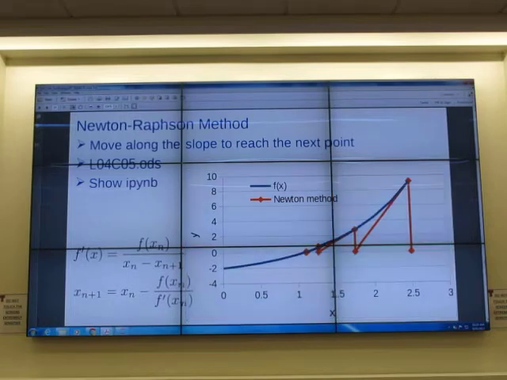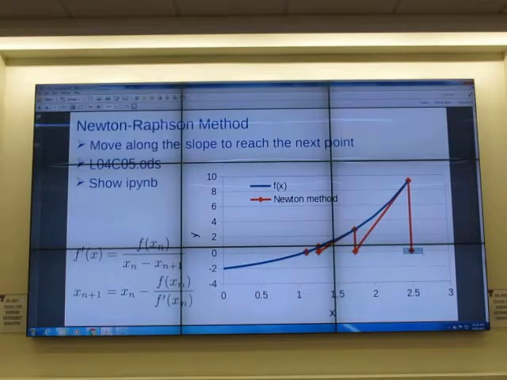Okay, how do we follow the slope? The definition of the slope, f prime of x. Slope is delta y divided by delta x. Look at this line. Delta y will be that point minus 0, because we start from y equal to 0.